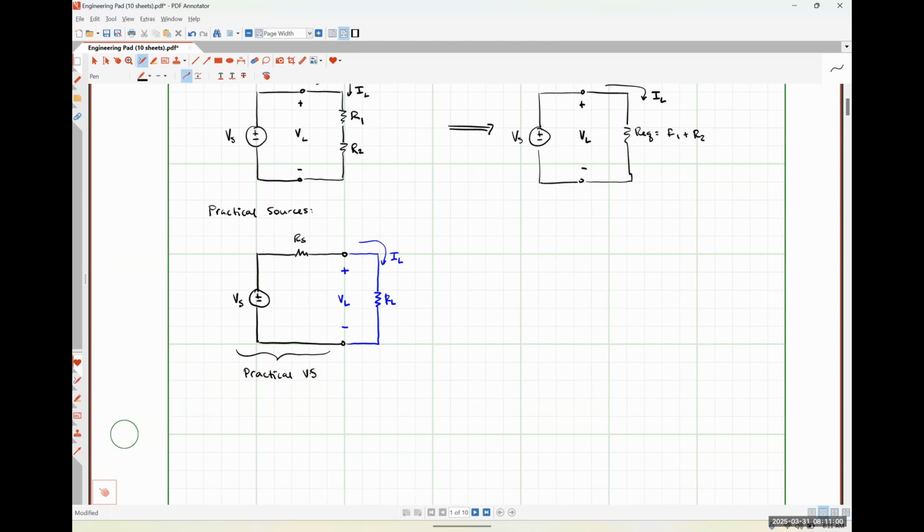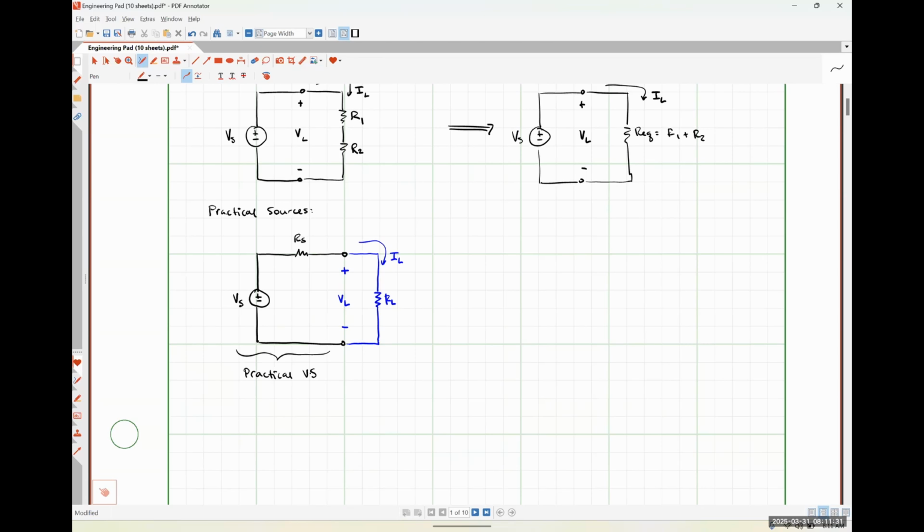This is called a practical voltage source because it is a way of modeling real voltage sources like batteries and things like that, okay? So every other time that we've seen just a voltage source by itself, that was an ideal voltage source because it was able to provide literally any amount of current we could ever possibly need, okay? A real battery or DC source or something like that does not have that luxury.